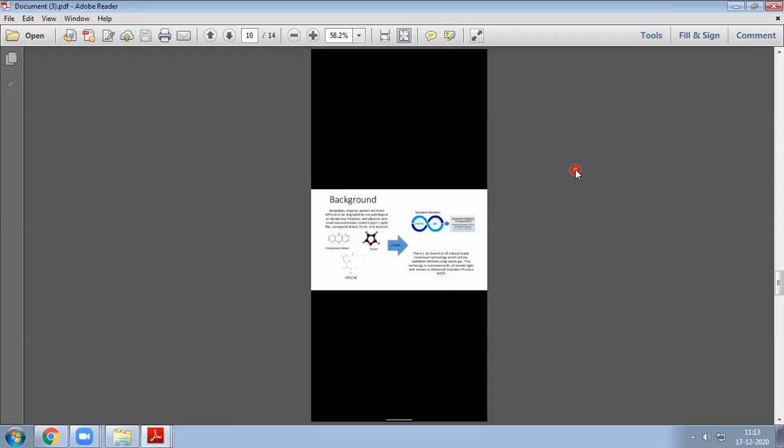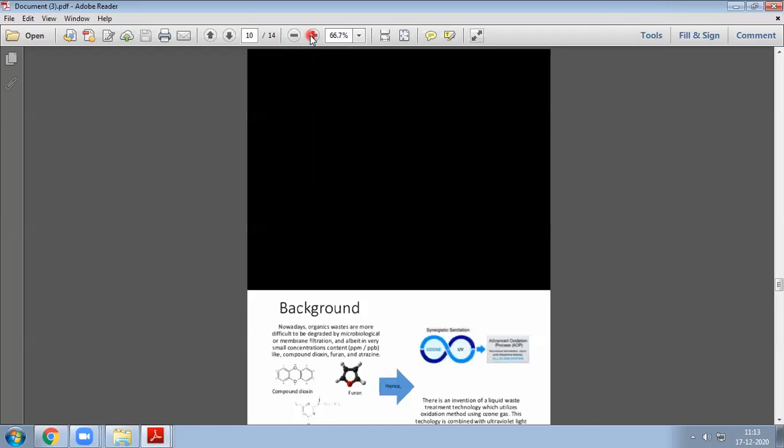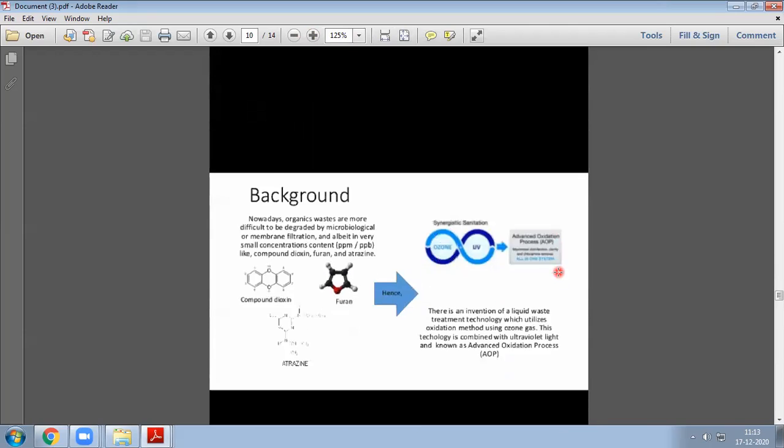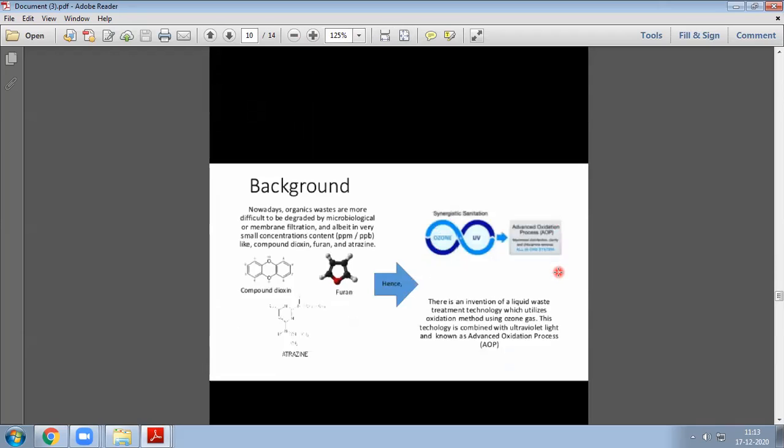So what else do you have? Yeah, a few more topics you have. I'll try to zoom in. It is called the advanced oxidation method, the advanced oxidation process.